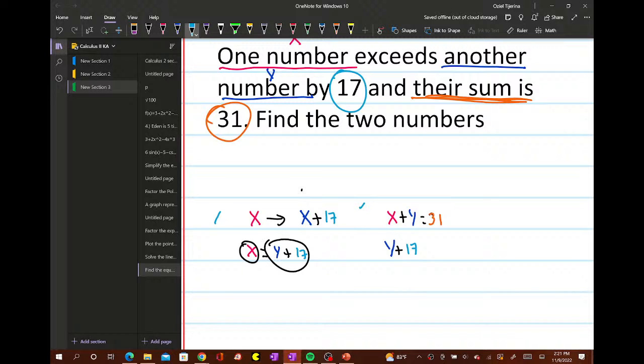Okay, so let's look at this. It says one number exceeds another number by 17, and their sum is 31. Find the two numbers.